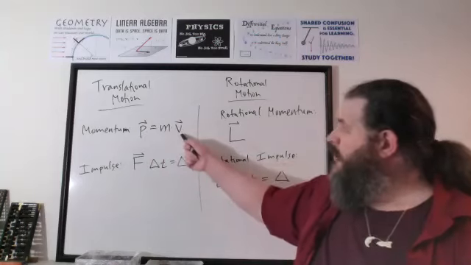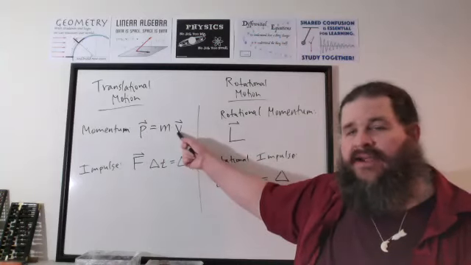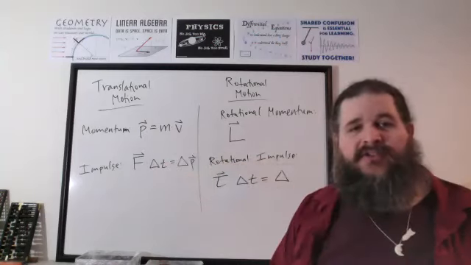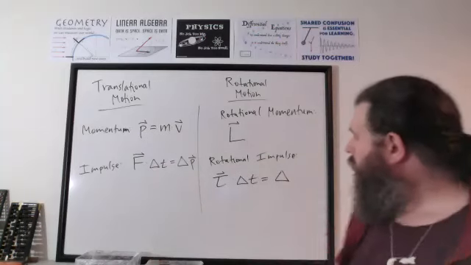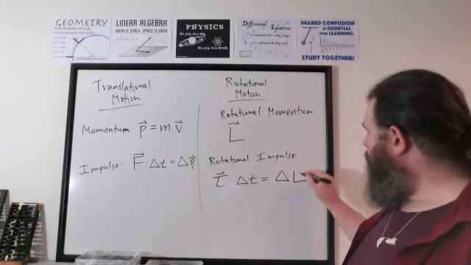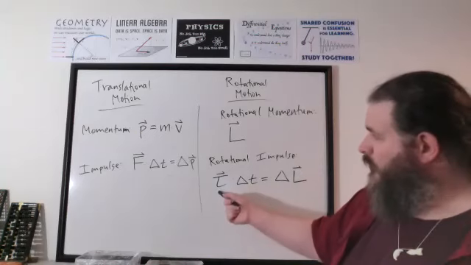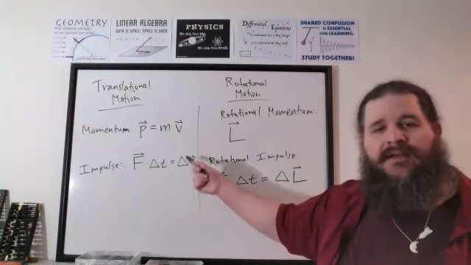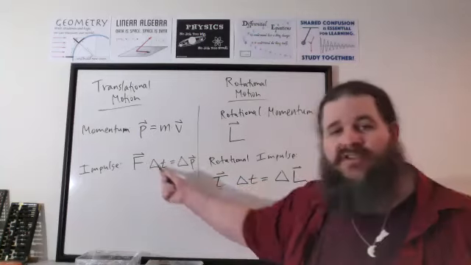Translational momentum is how fast the object is moving, including direction, times mass, which is a measure of how difficult it is to change that. Rotational momentum is changed by torque as time passes, in the same way that translational momentum is changed by force as time passes.